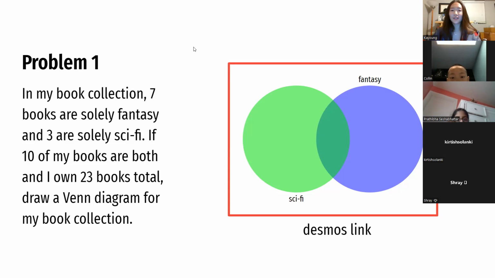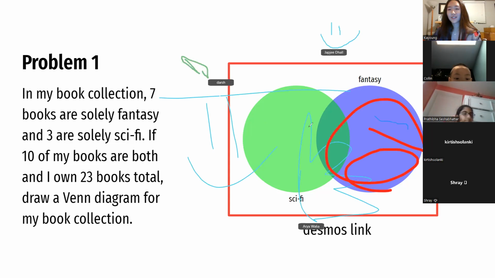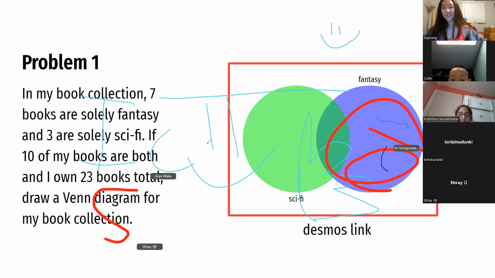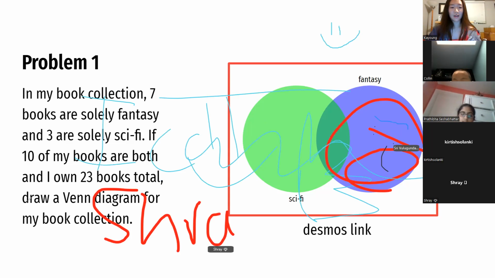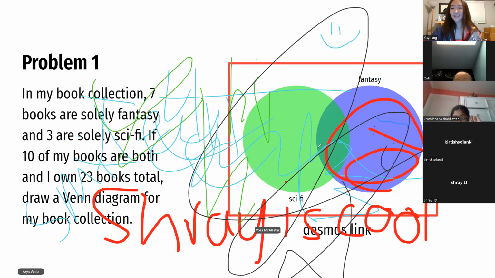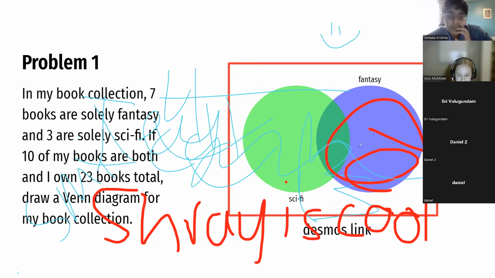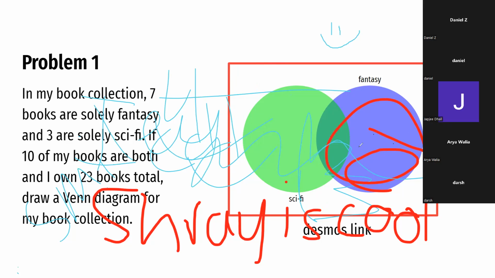So before you guys do this, I have a question. When I go here, can everybody draw on the screen? Can you try to draw on here? I know I saw somebody doing it. Yeah, okay. Is everybody able to draw, or is it just one person? Alrighty, I'm gonna assume everyone can draw, except a couple of people. How are you guys doing this? Somebody unmute, explain for us. I think if you just look at the thing I'm sharing and try to draw on it, it should work.